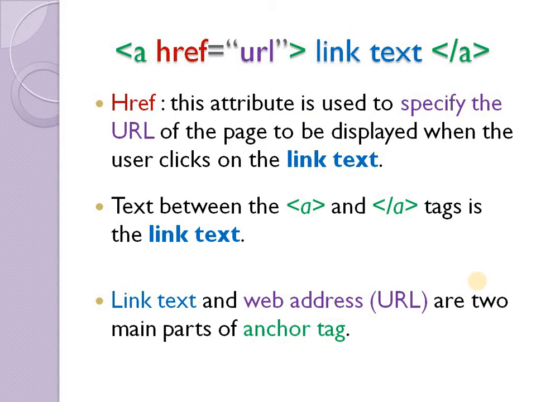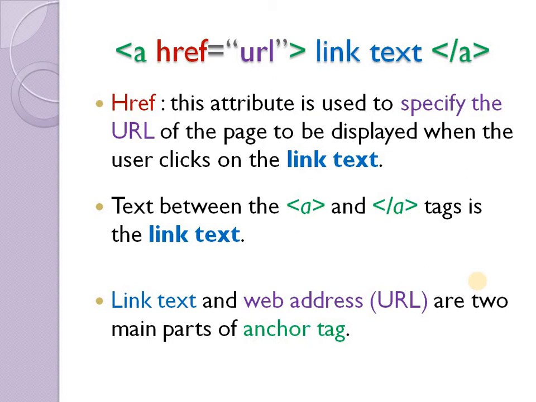So a href equals URL, uniform resource locator. It means the address of the document, the address of the link where we wish to redirect the user from this particular section. And then link text means the text which will appear as the hyperlink option, and after clicking there we will be redirected to the particular URL or particular section.